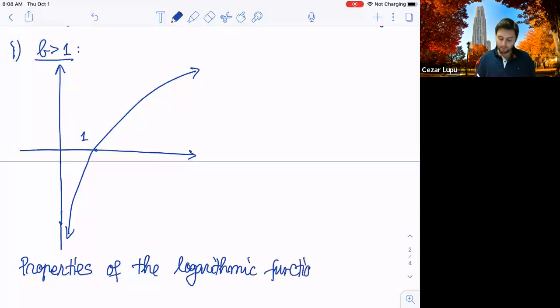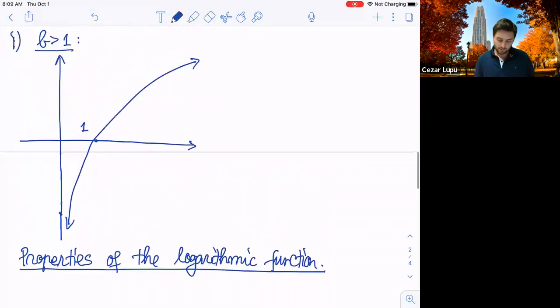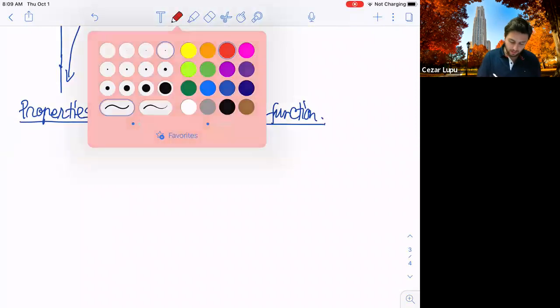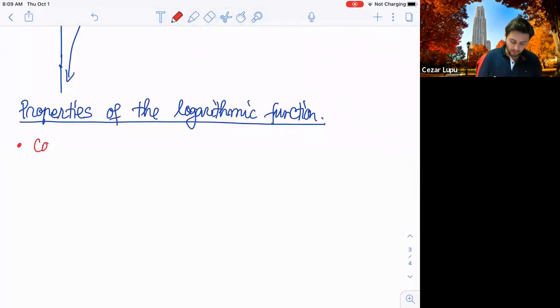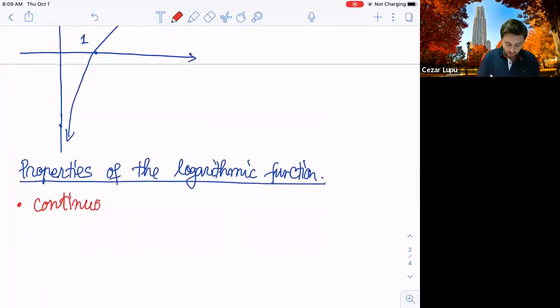Keep in mind that we're in this case where b is strictly greater than 1. So now we can say, just like we said previously, that we have the following properties. We know that this function will be continuous. The graph is not interrupted, as you can see. So this function is continuous for all x positive.